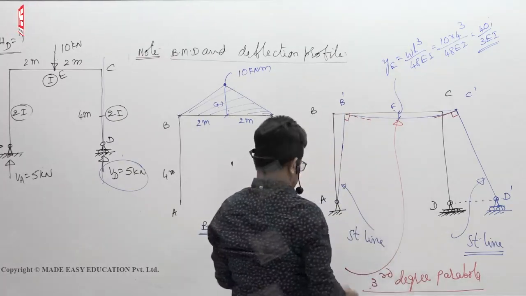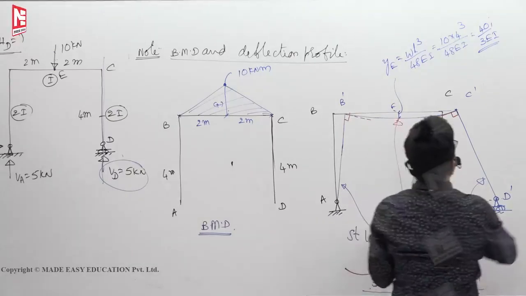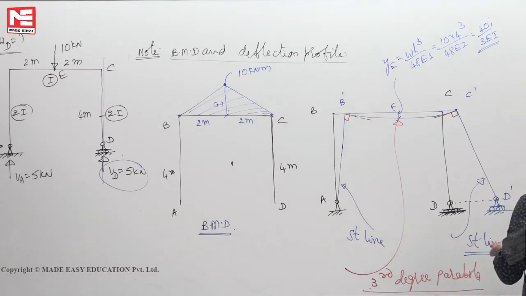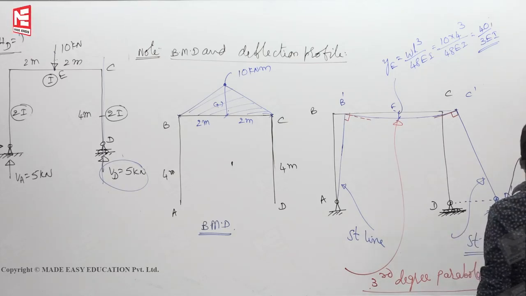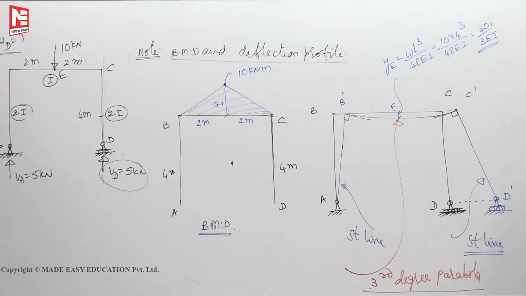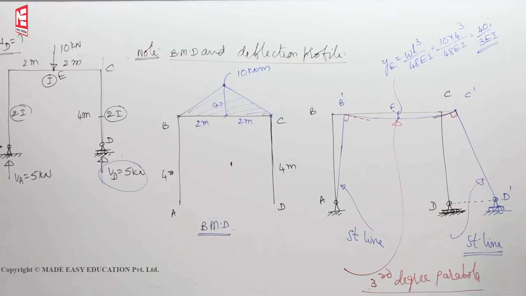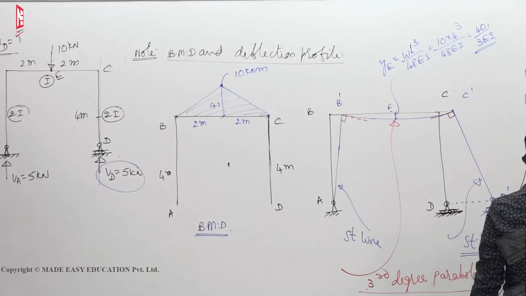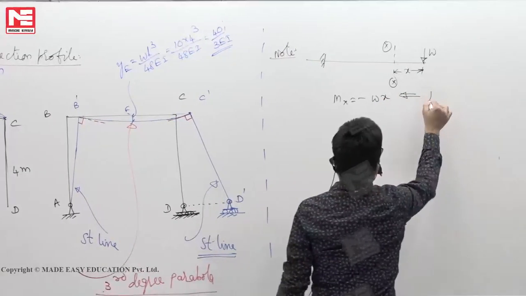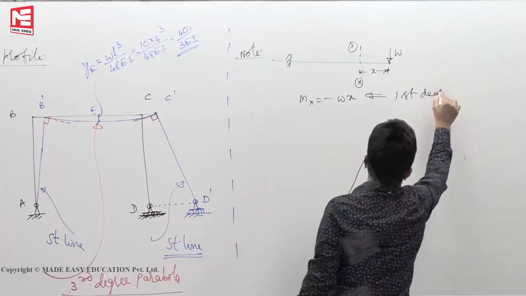Okay. Next. Why is the deflection curve a third degree curve? Suppose you have a cantilever beam with load W, and a section XX at a distance of X. The bending moment at XX is minus W into X, so it is a first degree curve.